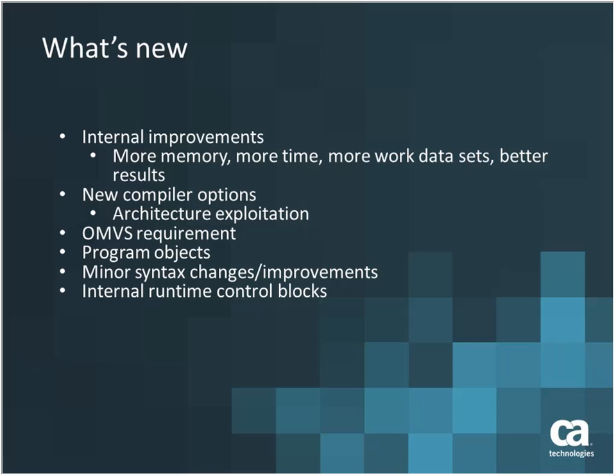And then there's a back end that actually takes that internal code and generates assembler instructions. The reason IBM did this is because the back end, the part that generates the instructions, is shared between all the LE-enabled languages now, C and PL/I, et cetera. So that means all those programs can share optimization techniques, architecture support, and things along those lines. So it's again another big leap forward for IBM.